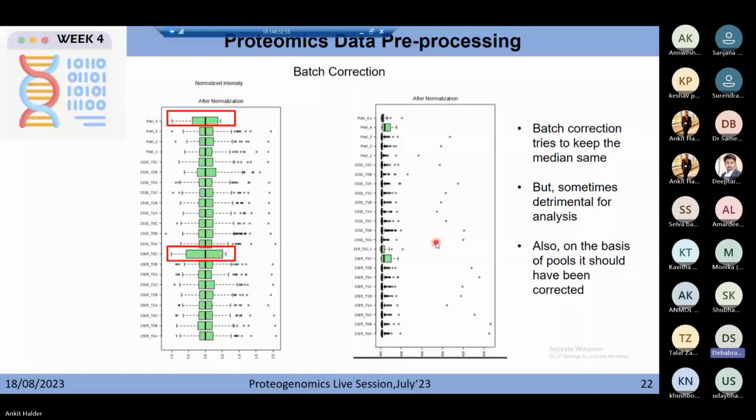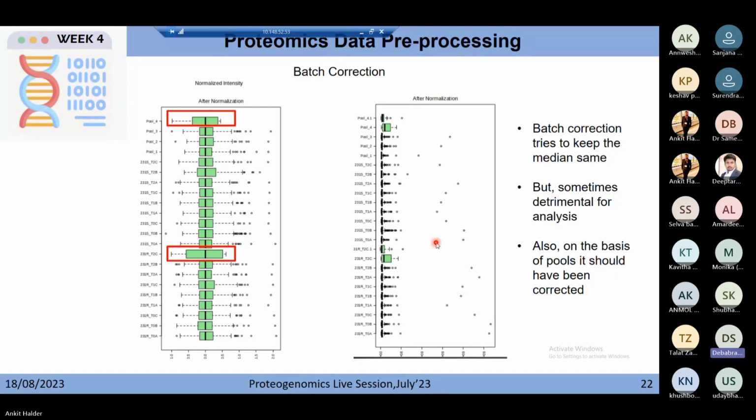Okay. Can you elaborate what the pool sample refers to here? Pool samples are those samples taken from all the original samples that you are running, an aliquot from all the samples, which you can run before and after every 5 samples, so that you get a reference. Technically it is the same sample being run to monitor your instrumental performance.